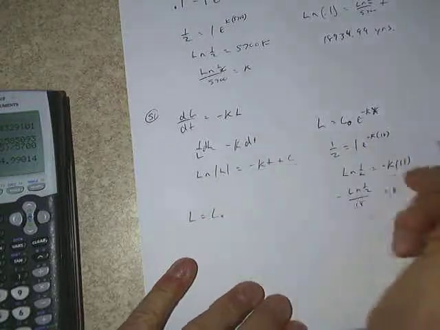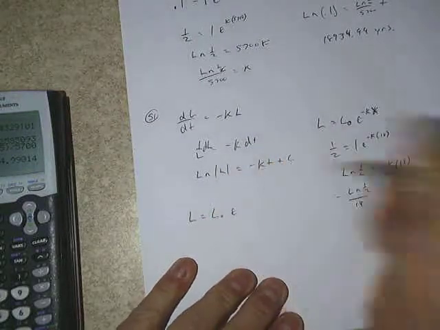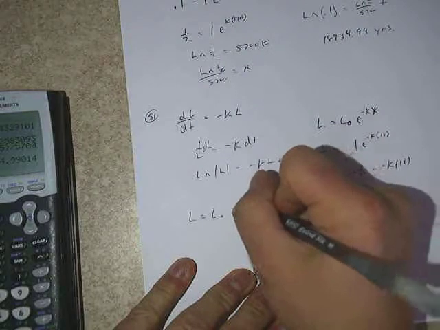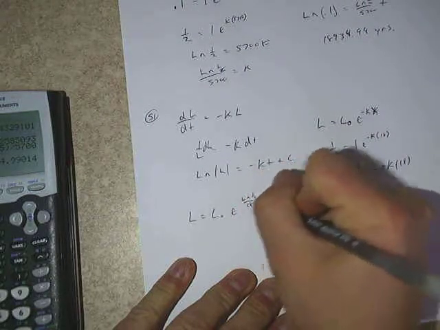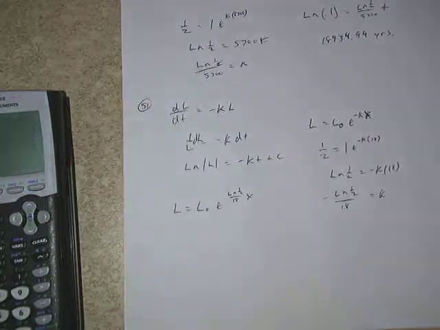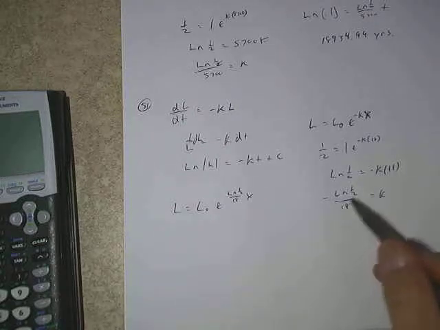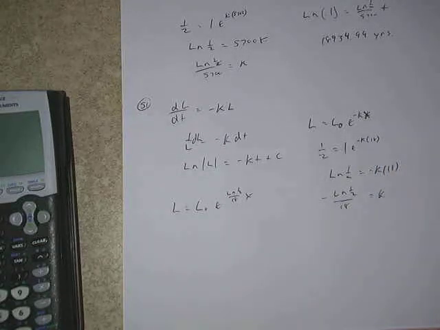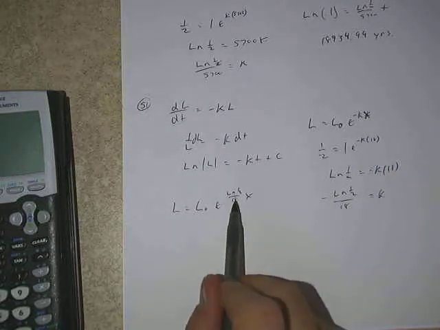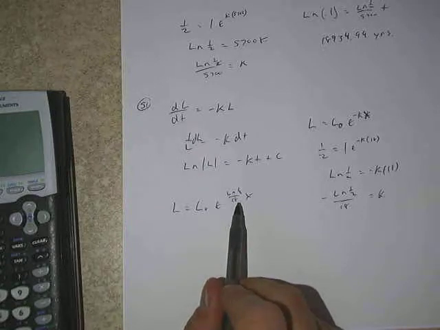That would allow us to find the k in this problem. So our light intensity goes from 1 unit, whatever it may be, to half a unit in 18 feet. So if we do natural log of a half equals negative k times 18, it would be the natural log of a half over 18. Actually, it would be negative.